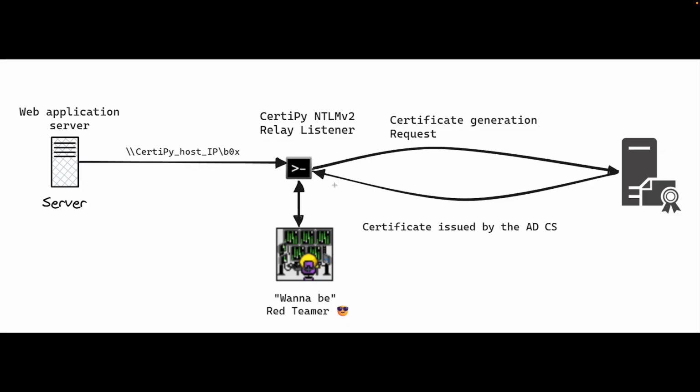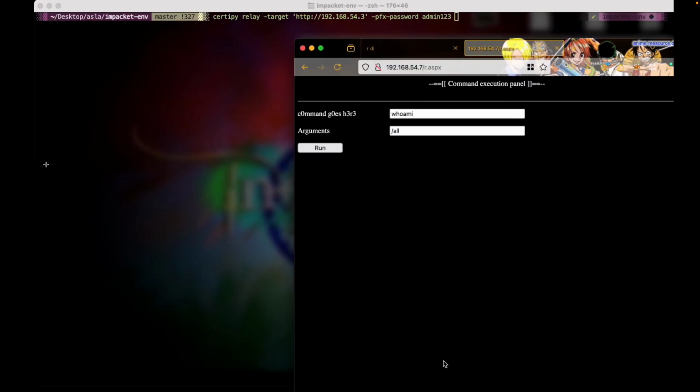Once we get the machine account certificate, we can use that PFX certificate to perform authentication against the Kerberos service and request a TGT for the machine account. Later we can use the S4U2self technique to achieve local administrator access on this web application server.